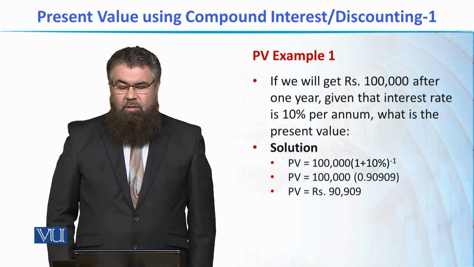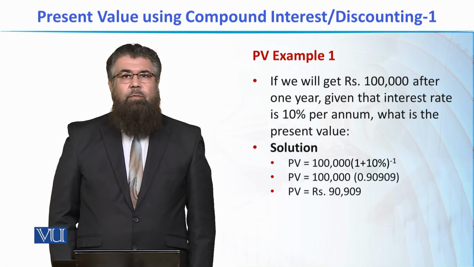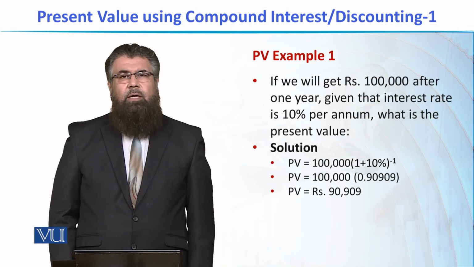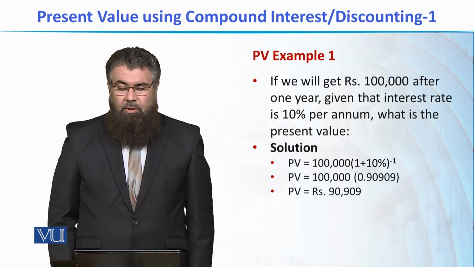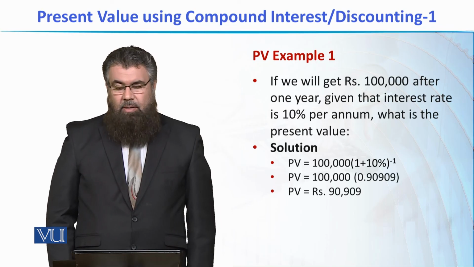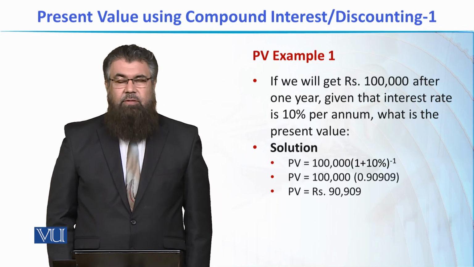Let's say we will have 100,000 rupees after 1 year. Because the amount is in the future, this 100,000 is the future value. Given that the interest rate is 10% per annum and it is an annual rate of interest, what is the present value?